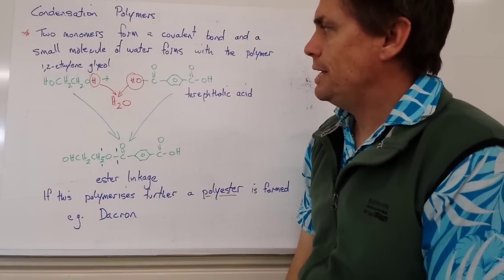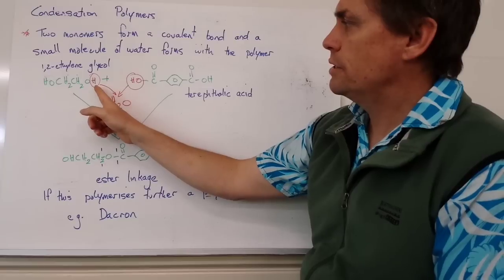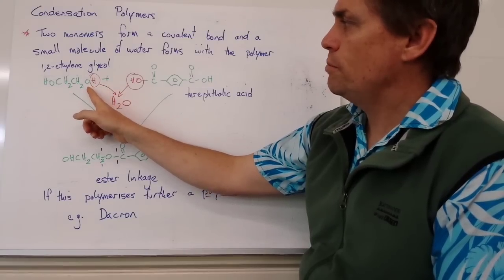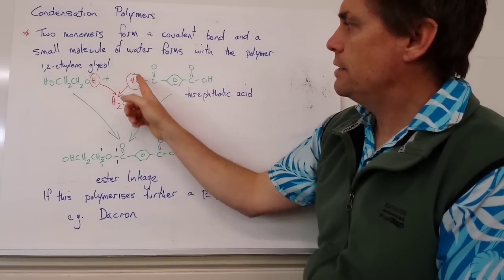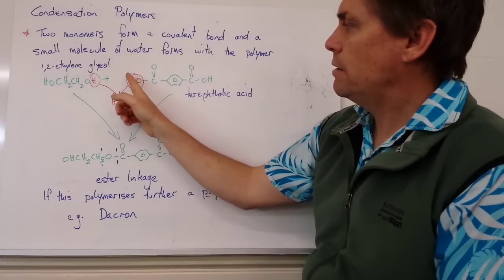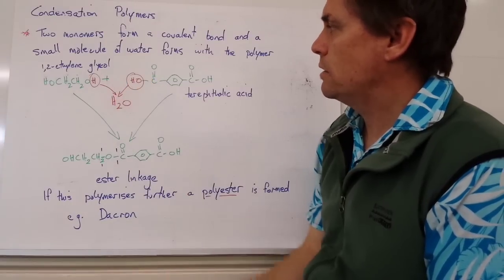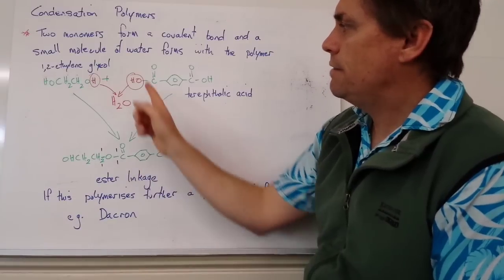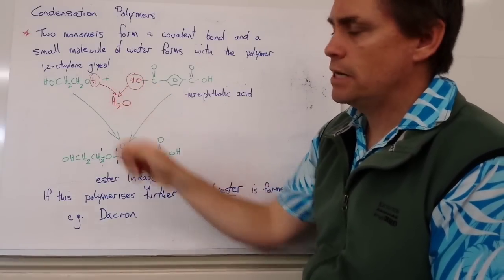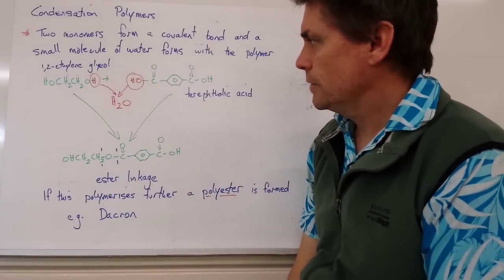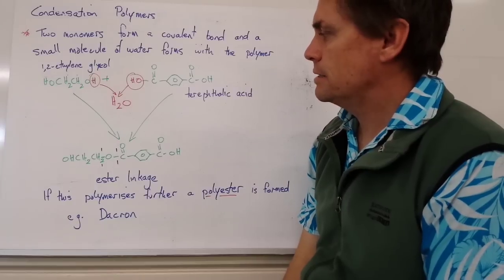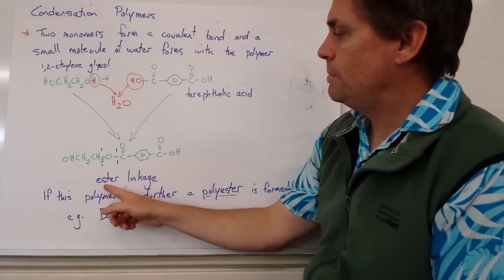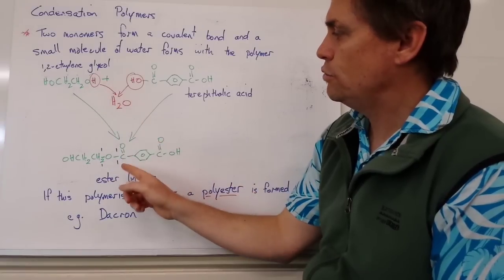As we put these two together, we'll get the hydrogen from the alkanol group on the left-hand side, and we'll get the complete hydroxyl group from the acid on this side, and they will form together to give us water. And because they've been liberated out of the system, it allows us to form this ester linkage between our two molecules.